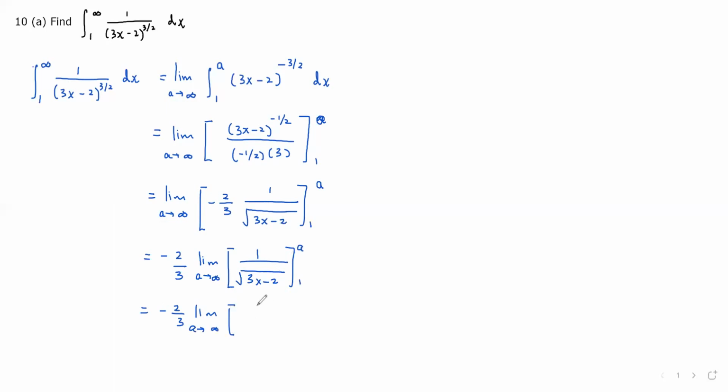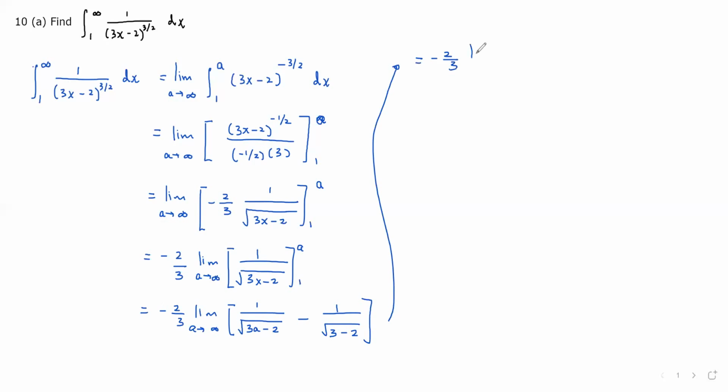So evaluated at a, we have 1 over the square root of 3a minus 2, minus 1 over the square root of 3 minus 2. So this will give us negative 2/3 times the limit as a approaches infinity of 1 over the square root of 3a minus 2, minus 1.